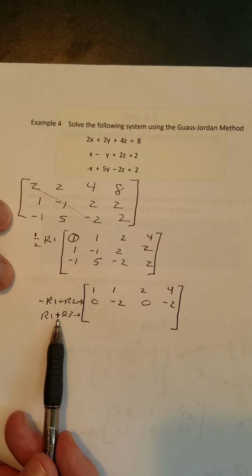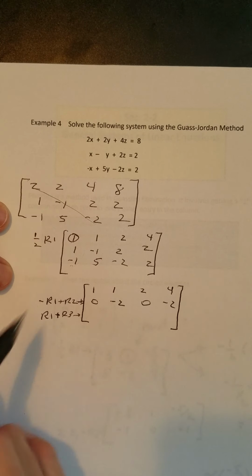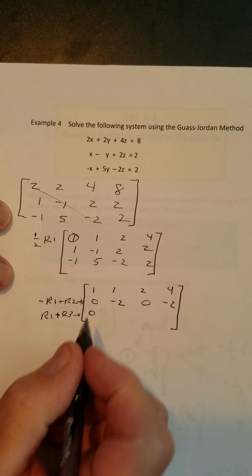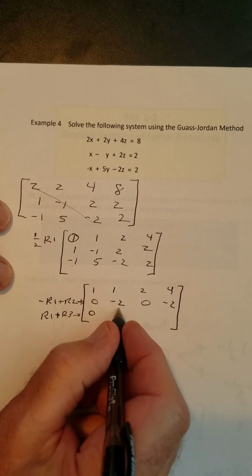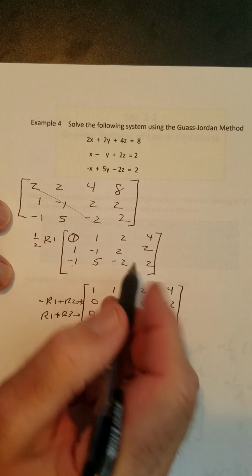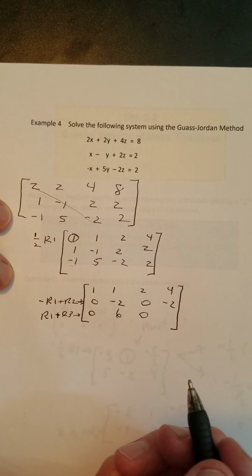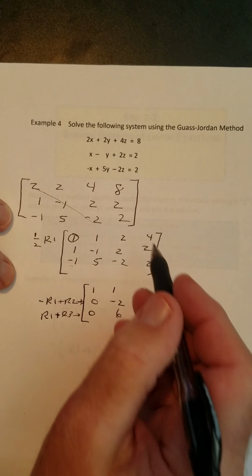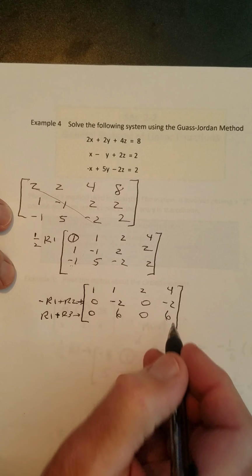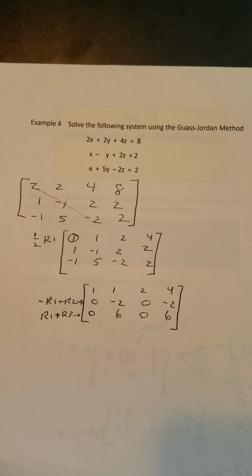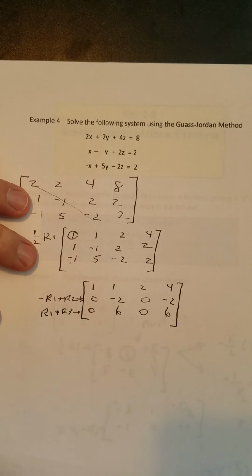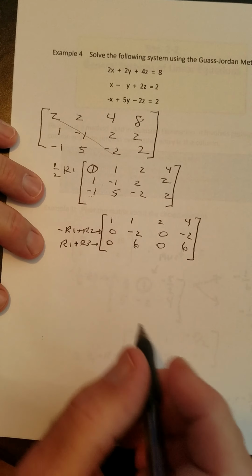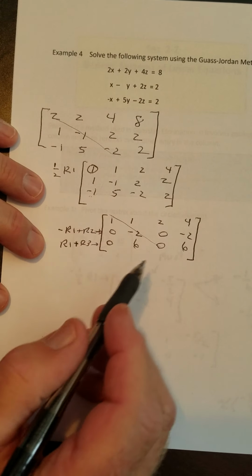It's always a plus. 1 plus negative 1 is 0. 1 plus 5 is 6. 2 plus negative 2 is 0. 4 plus 2 is 6. Okay?